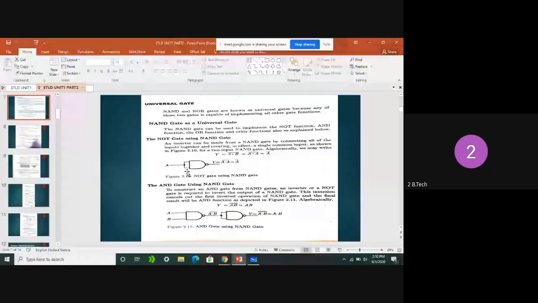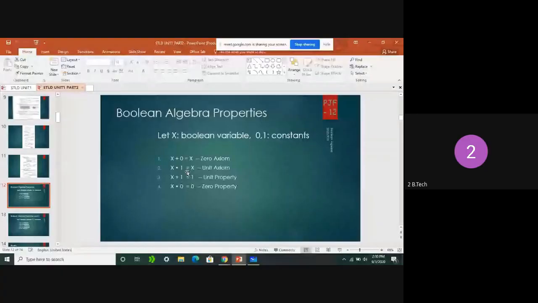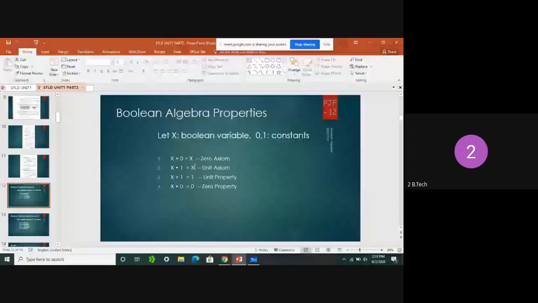Now we can see what the Boolean function is. Before that, these rules we have already seen: x plus 0 is x; in the AND law, x into 1 is x, and x plus 1 is always 1, x dot 0 is always 0.